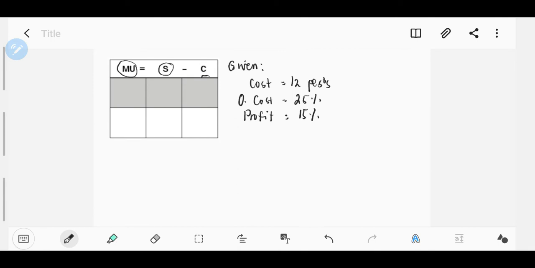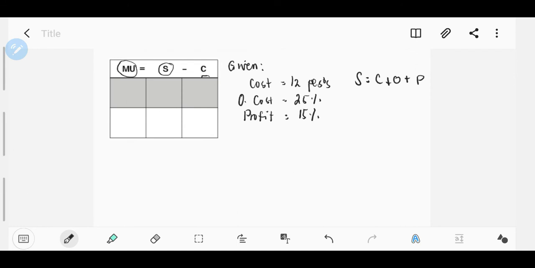Okay, as much as we would like to go straight to the markup formula, pero dahil ang ating mga given ay pang selling price formula, di ba kanina, S is equal to, so the selling price is equal to the cost plus the operating cost plus the profit. So, gagamitin muna natin tong formula na to compute for the selling price.